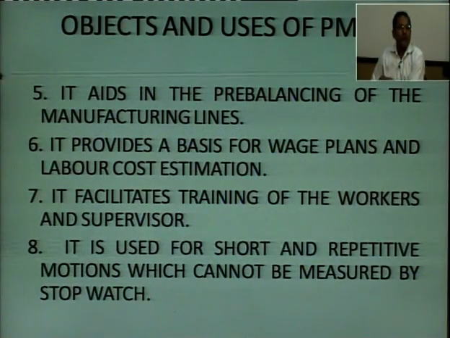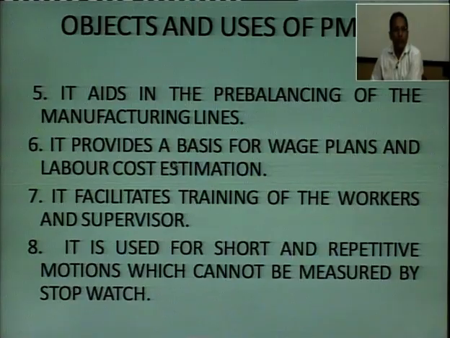Number 5, it aids in the pre-balancing of the manufacturing lines. Number 6, it provides a basis for wage plans and labor cost estimation. Number 7, it facilitates training of the workers and supervisor. Number 8, it is used for short and repetitive motions which cannot be measured by stopwatch.